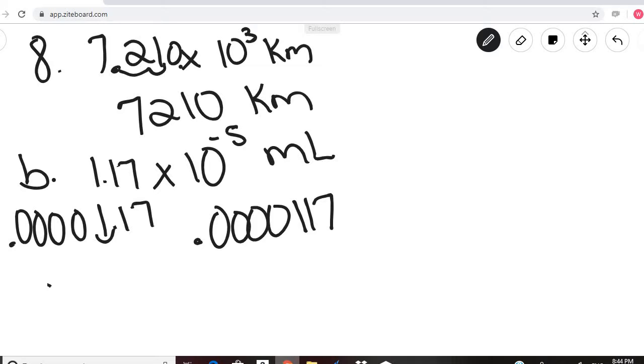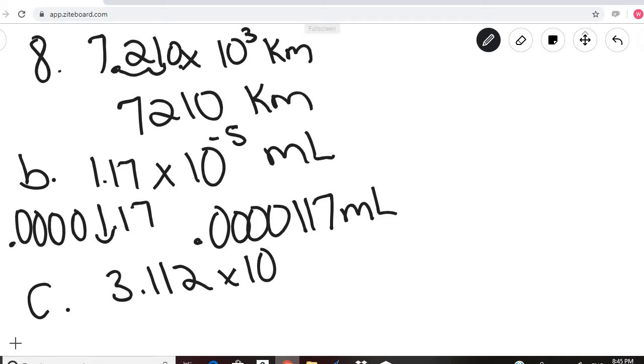Okay, then C is 3.112 times 10 to the 8th kilograms. Okay, so we're going to move our decimal place 8 places to the right.